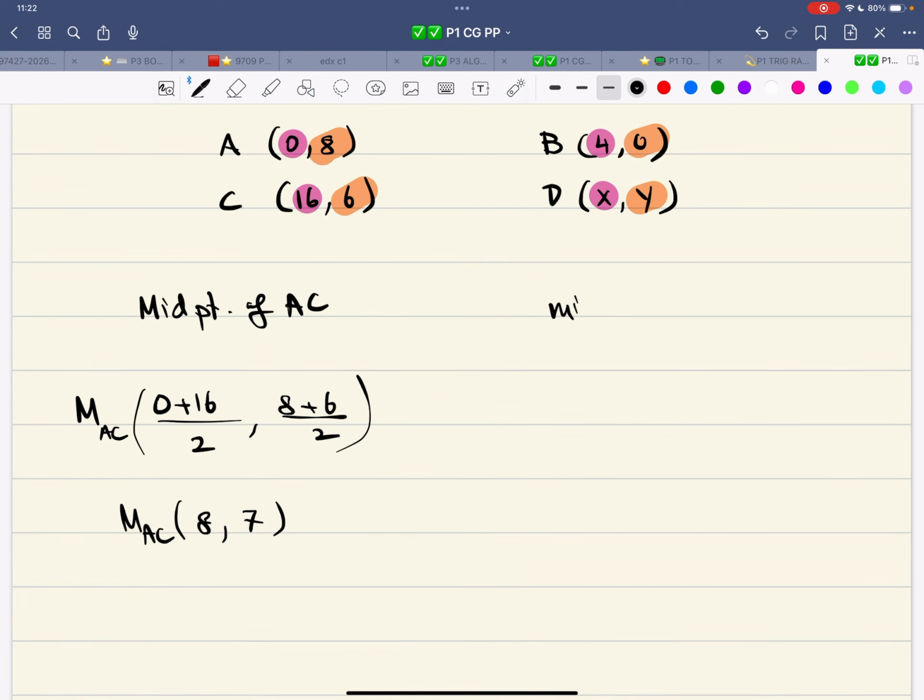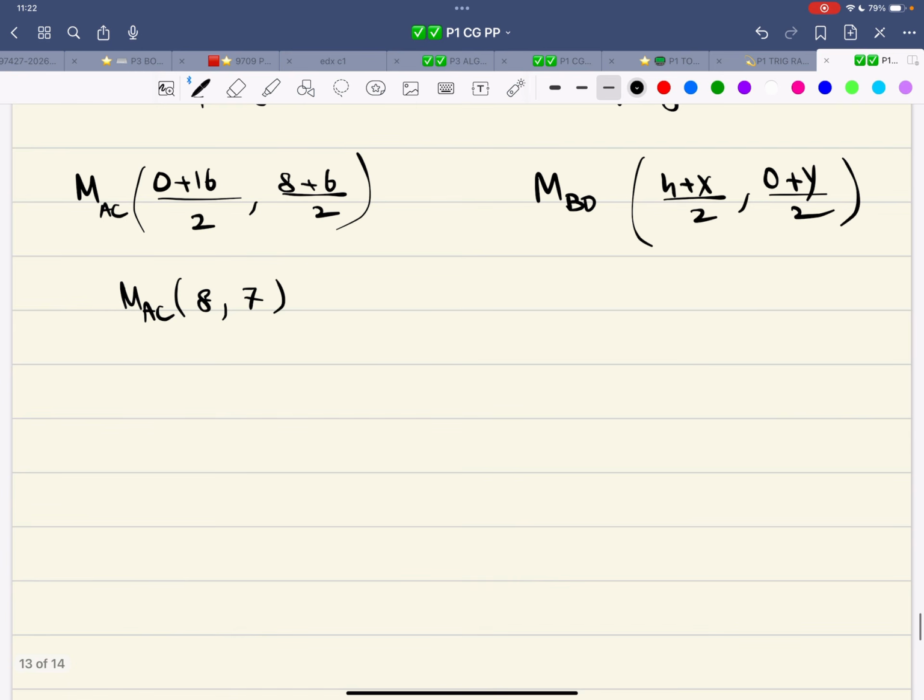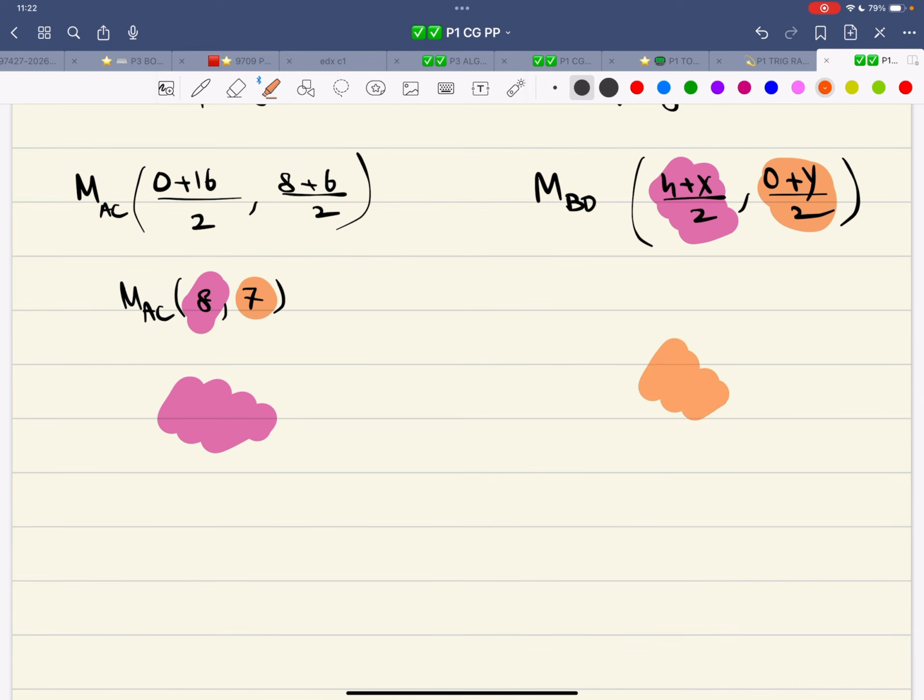Now, midpoint of BD, that is 4 plus X divided by 2, 0 plus Y divided by 2. So if I say this orange one and this one should be the same, this pinkish one and this pinkish one should be the same. So let me just write it over here.